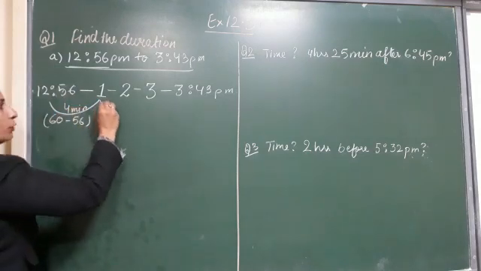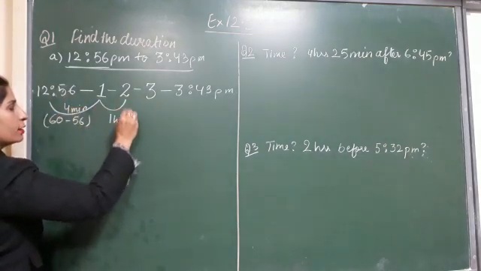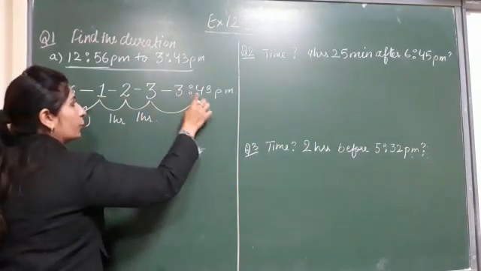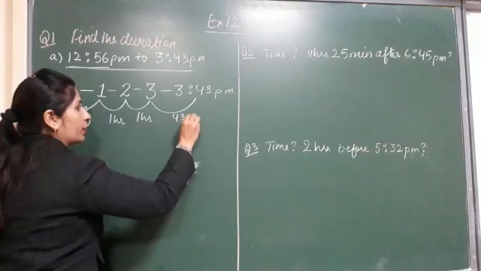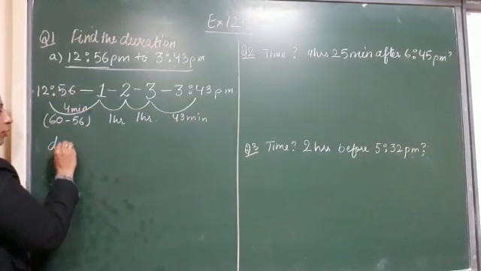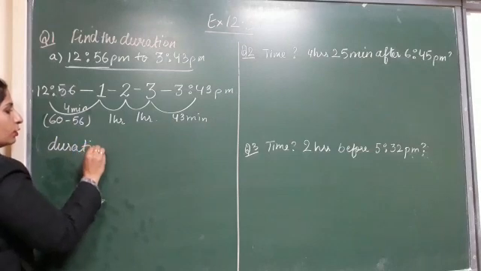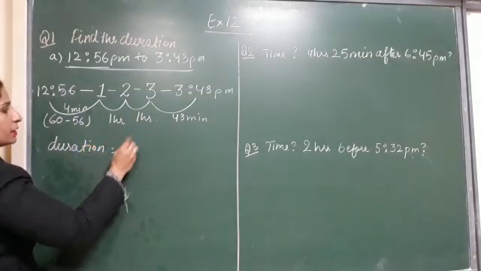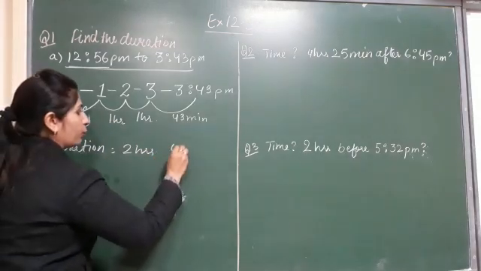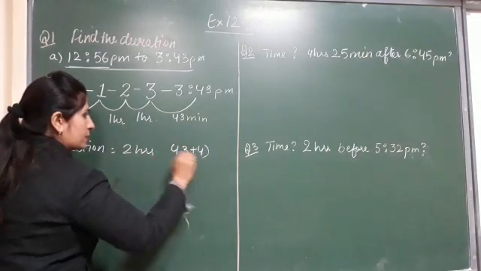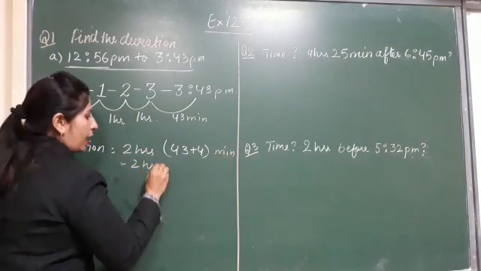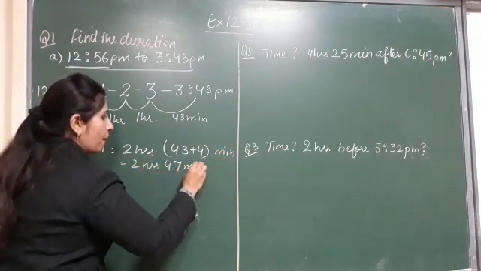So 1 to 2 there is 1 hour, 2 to 3 there is 1 hour, and 3 to 3:43 there is 43 minutes. So how much is the duration? 1 hour plus 1 hour, 2 hours, and 43 plus 4 minutes. So this is 2 hours and 47 minutes.